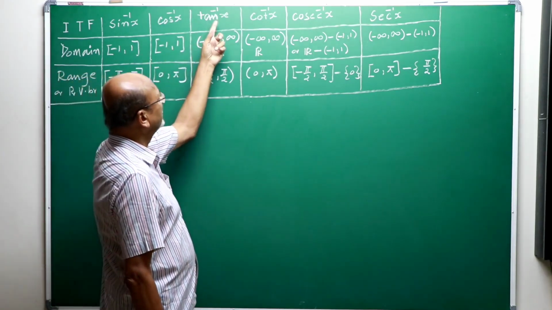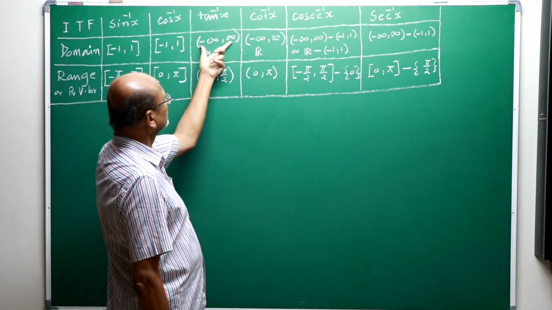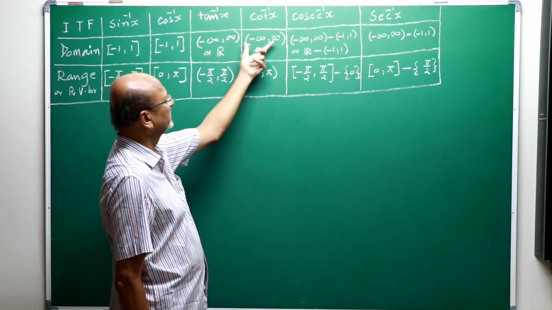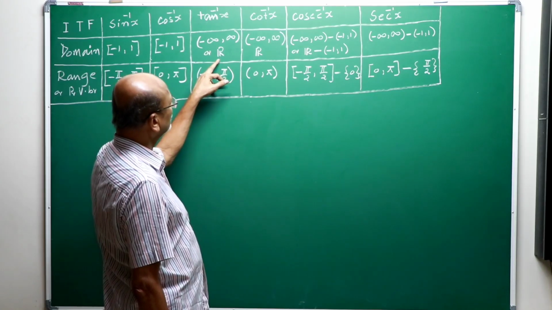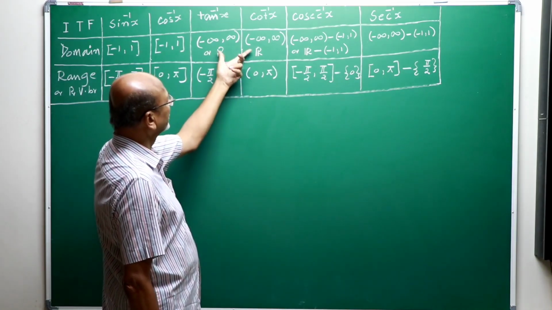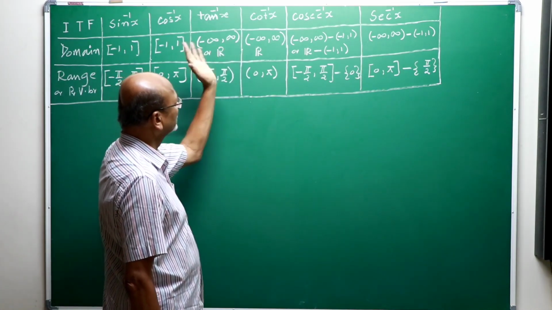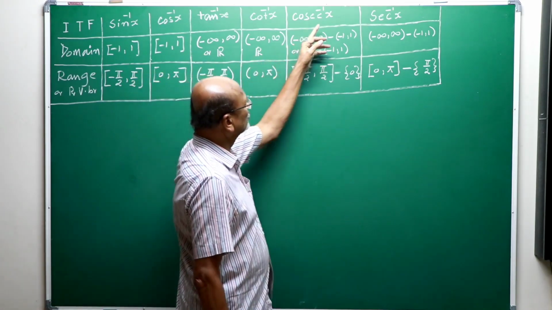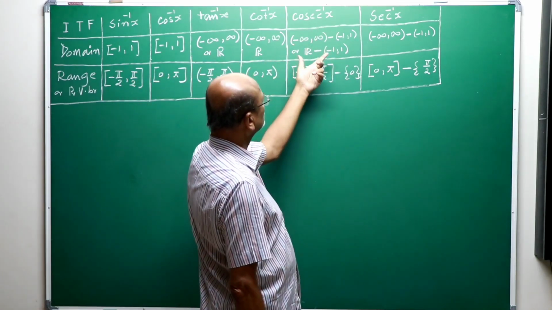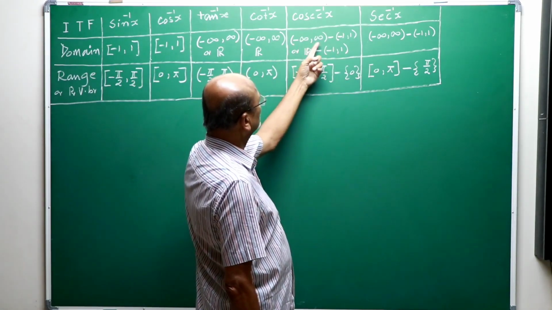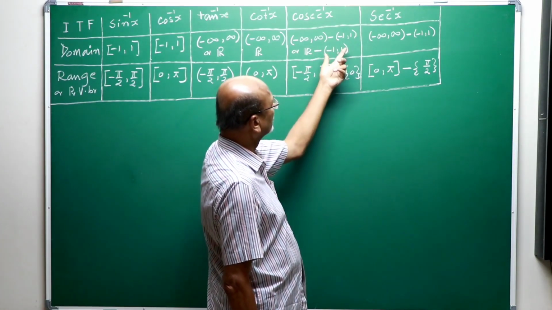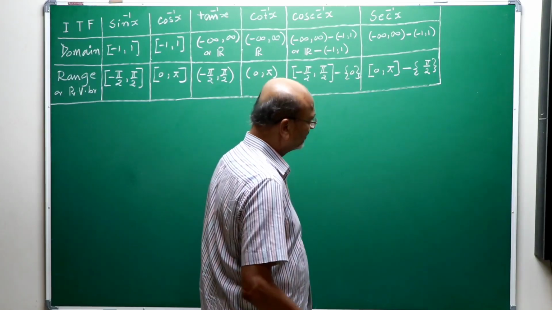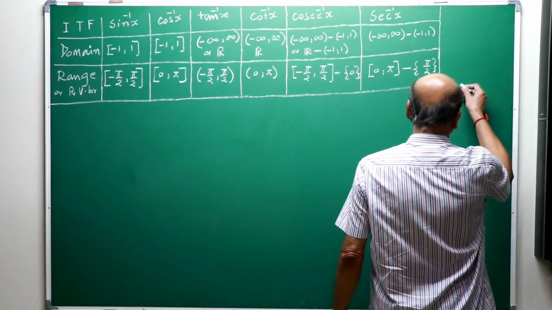Then for tan inverse and cot inverse, it is also -infinity to +infinity, or you can say the entire set of real numbers. They are both side by side; if you remember only one, that is enough. Next, cosec inverse x, see my friends, what is it? It is the entire set of real numbers except the open interval -1 to +1.